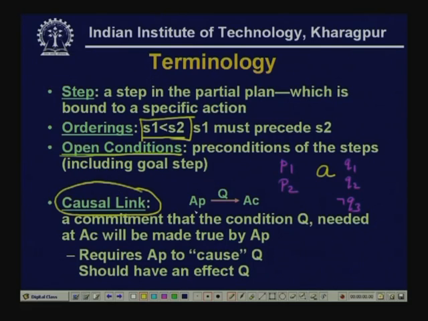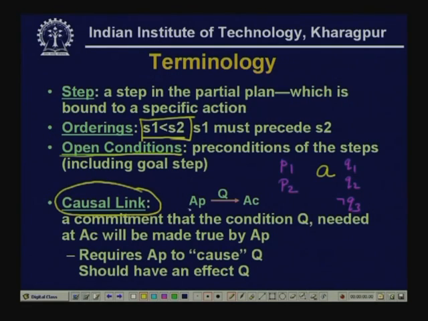Now, we will say that AP to AC on Q is a causal link on Q if the step AC has a precondition of Q and this precondition is met by the step AP.